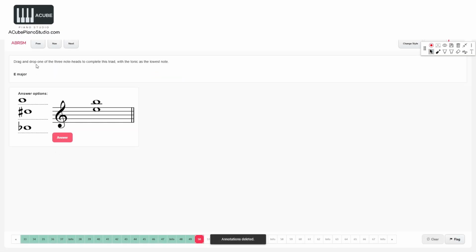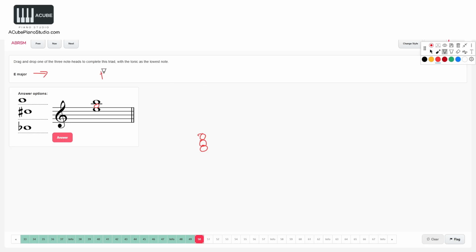Moving on, drag and drop one of these 3 note heads to complete the tonic triad with the tonic as the lowest note. I want E major. Remember, for tonic triads, for the exam, they are always stacked on top of each other. So here you have a gap, right? So definitely we know that we need to stack in between here. But before that, we need to determine whether we need to have sharp, flat, or no sharp and no flat, depending on the key.